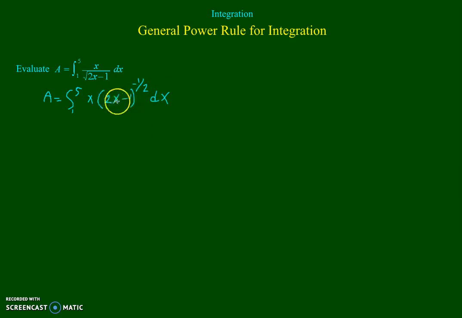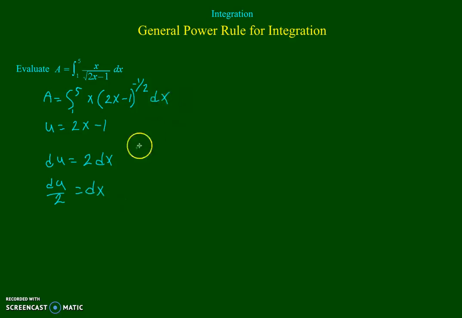So this becomes our u term. So u is 2x minus 1. Our du is 2 dx. And we divide out the 2, so du over 2 equals dx.